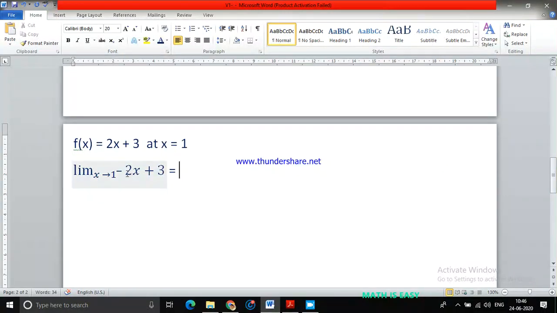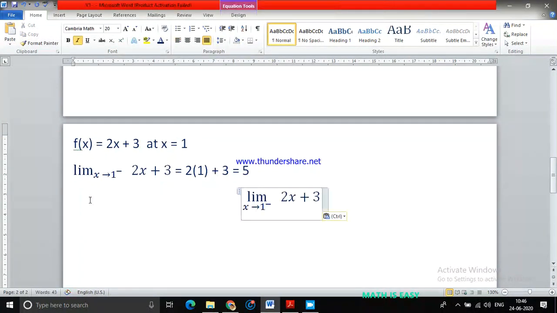So you have 2 into 1 plus 3, which equals 5. Similarly, for the limit as x tends to 1 plus, I use the plus sign because I am going for the right side.